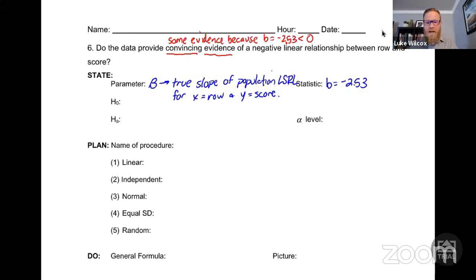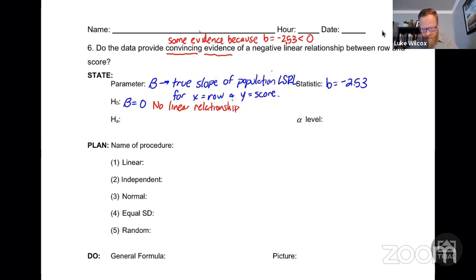Okay? And the null hypothesis is going to say that there is no relationship between row and score. And we are going to try and find evidence against that claim. Now, here's how we're going to write it. If there is no linear relationship between those two variables, then that slope would be 0, right? A beta equals 0 would say that there is no linear relationship. Now, the alternative hypothesis is the claim that we're trying to find evidence in favor of.